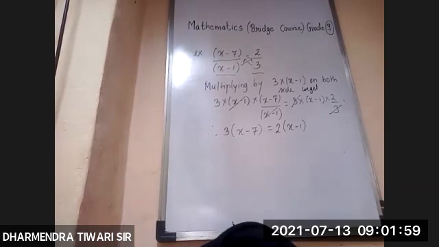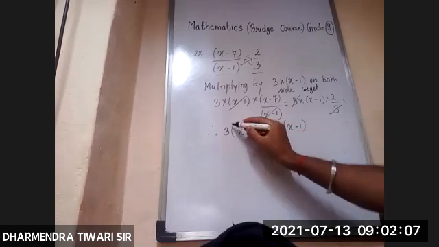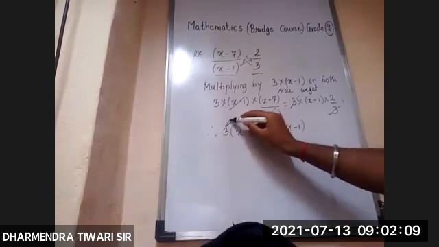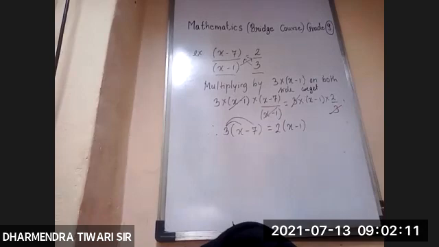Okay. So after this, what do we need to do? We need to just open the brackets, and we are very much thorough with this. After opening the brackets, 3 will get multiplied to x as well as to 7.